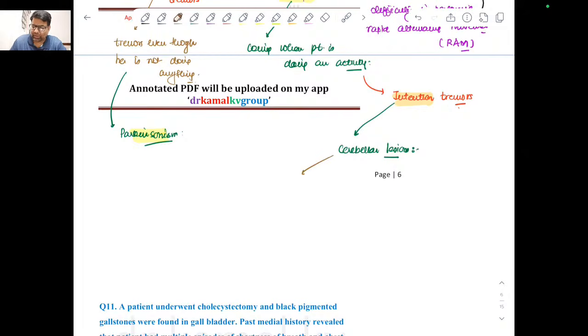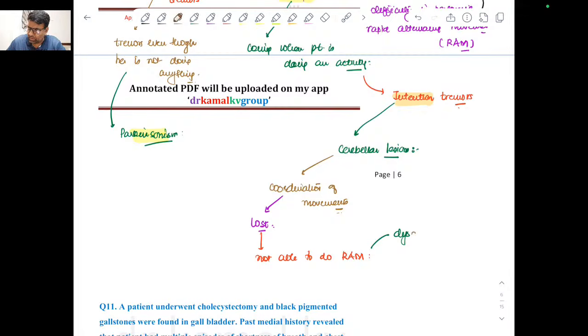Now, what is the function of cerebellum? Coordination of movements. Right? Coordination of movements. So therefore, if there is cerebellar lesion, this is lost and the patient is not able to do rapid alternating movements, and this is known as dysdiadochokinesia, right?